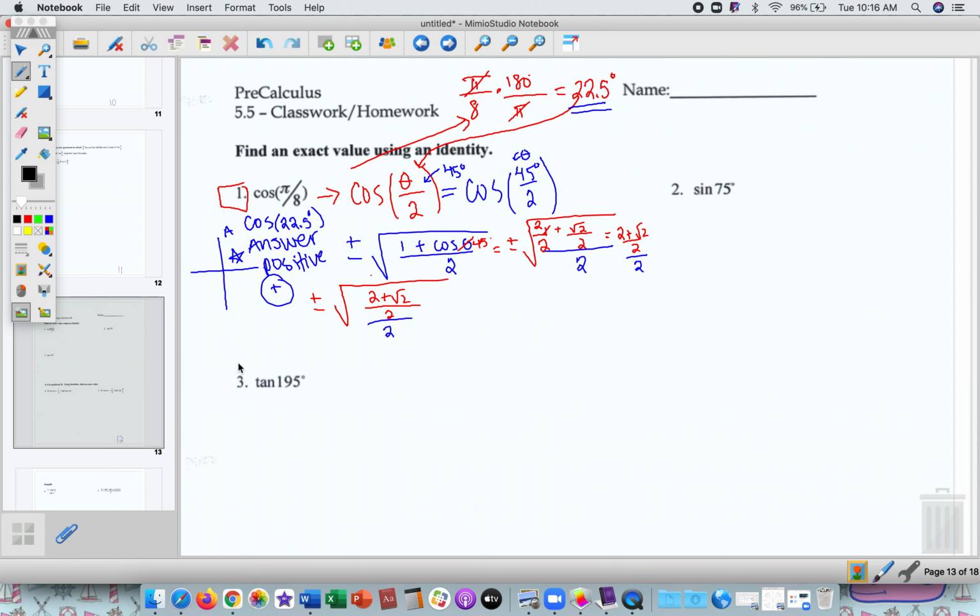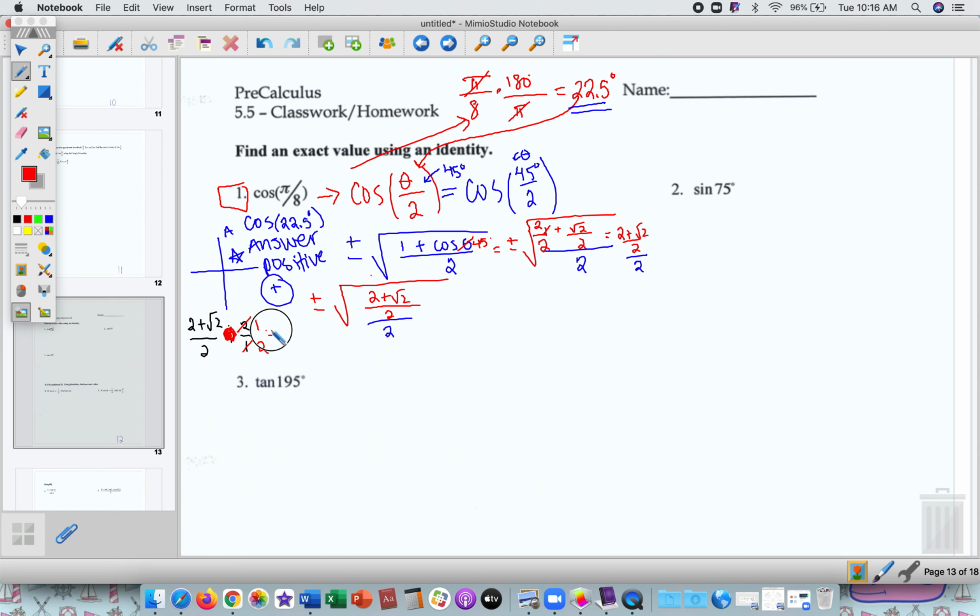So under that radical, if we simplify, we have 2 plus root 2 all over 2 divided by 2, or 2 over 1. I'm going to change division to multiplication and flip the fraction on the right, so I'm going to put the 1 up top and the 2 on bottom.